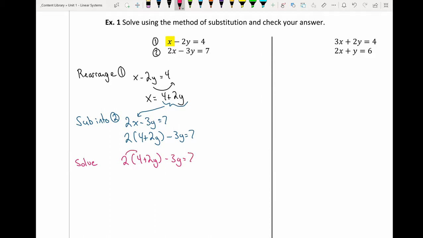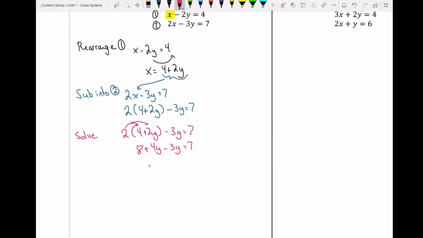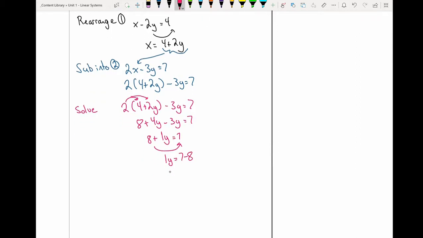I'm going to distribute the 2 through, so I get 8 plus 4y minus 3y equals 7. I can continue to solve: 8 plus 1y equals 7. I want to get the y by itself, so I'm going to move the 8 over. So I get 1y equals 7 minus 8, or basically y equals -1.